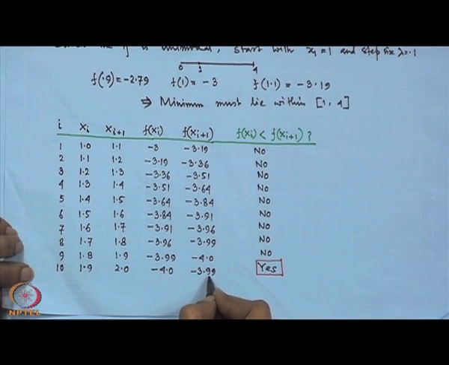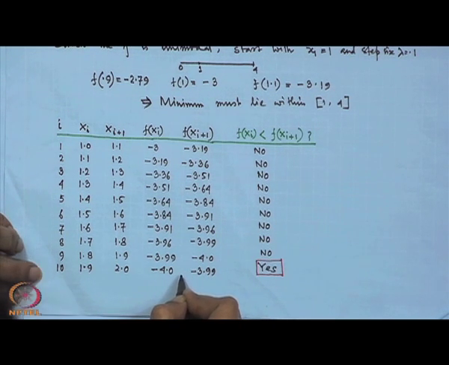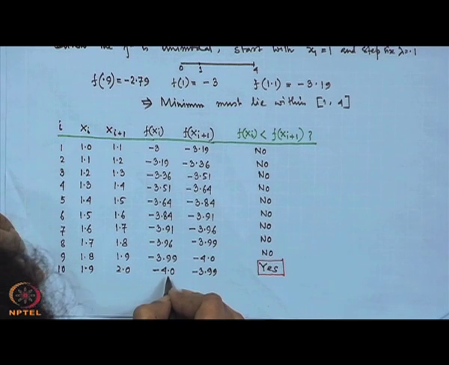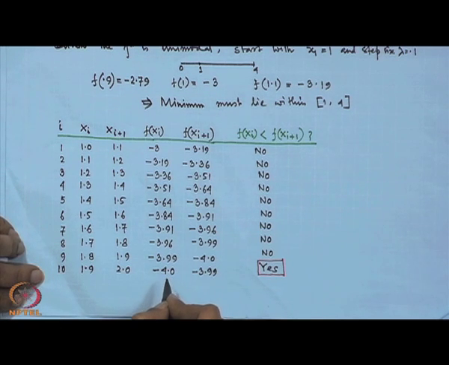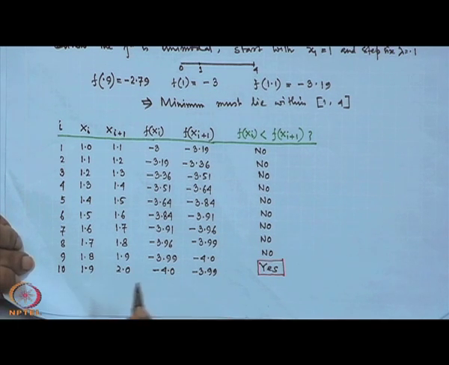That is why we will stop our journey at 1.9, and we will declare that the optimal point, the minimum point, must be 1.9, and the corresponding functional value is -4.0. All right. This is the case.